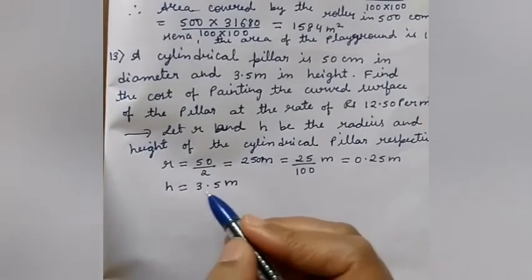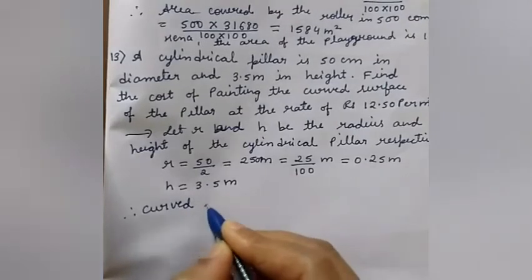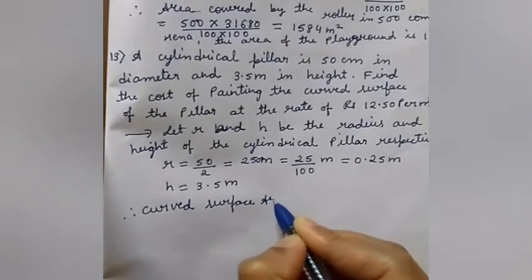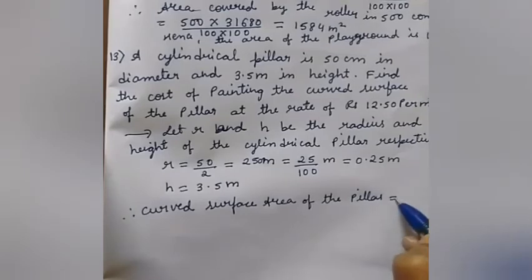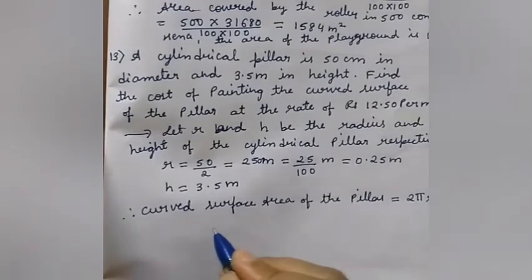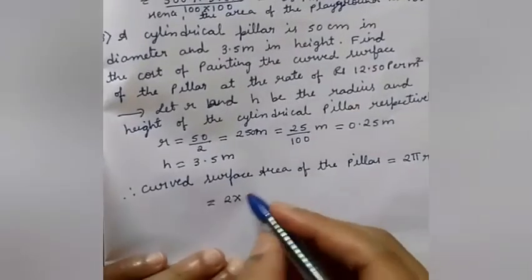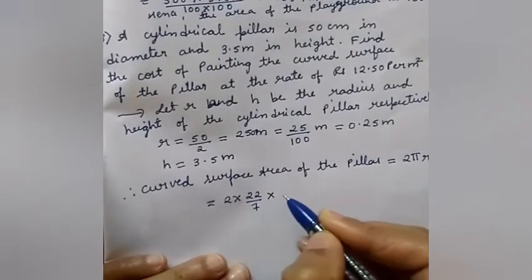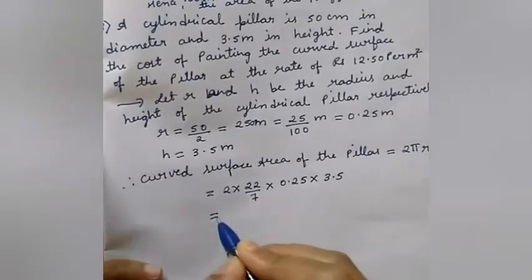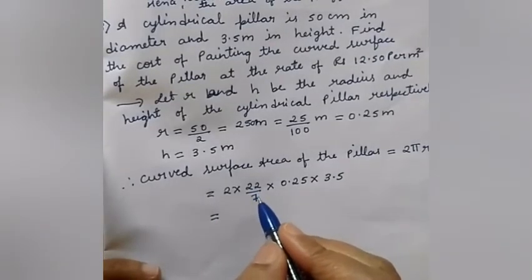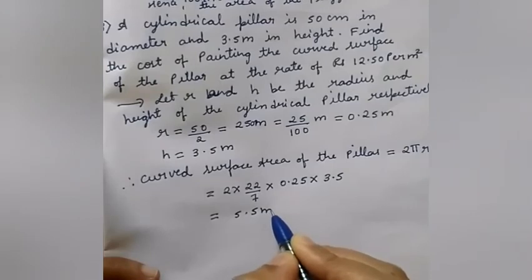Now let us find the curved surface area of the pillar. The curved surface area of the pillar is 2 pi RH, that is equal to 2 into pi is 22 divided by 7 into R is 0.25 into H is 3.5, which will be equal to 5.5 meter square.